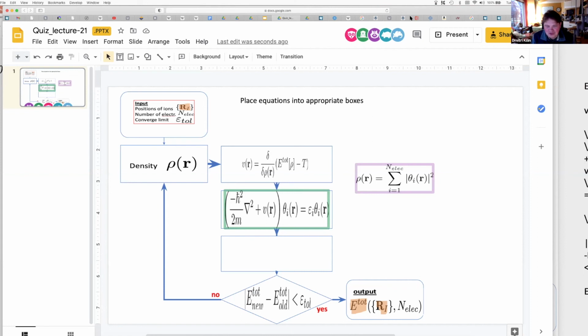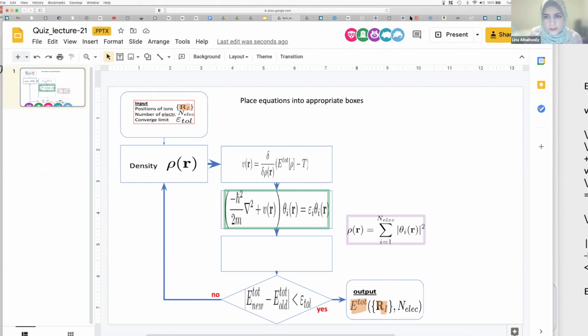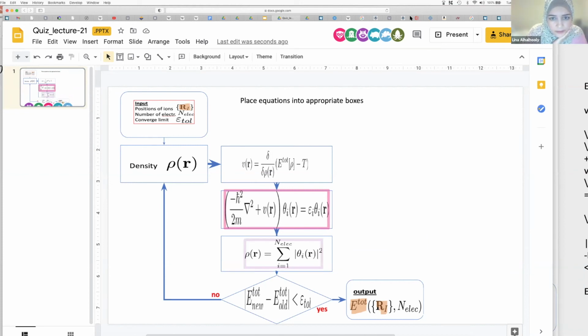Anyone wants to move the last box? Just move the last equation to the last empty box. Okay, I can do that now.